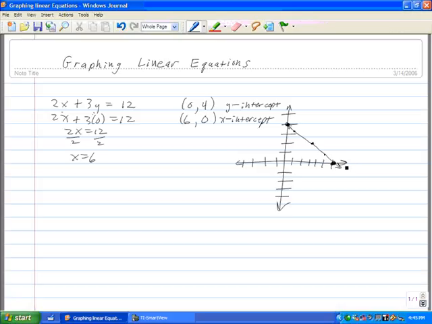Now another graphing technique altogether is one that would allow us to put the graphing calculator to use. If we go back to the same equation and solve for the y variable, we'll subtract the 2x from both sides.